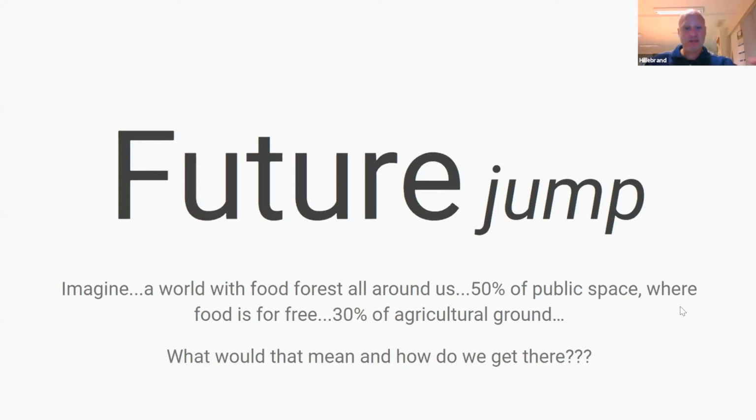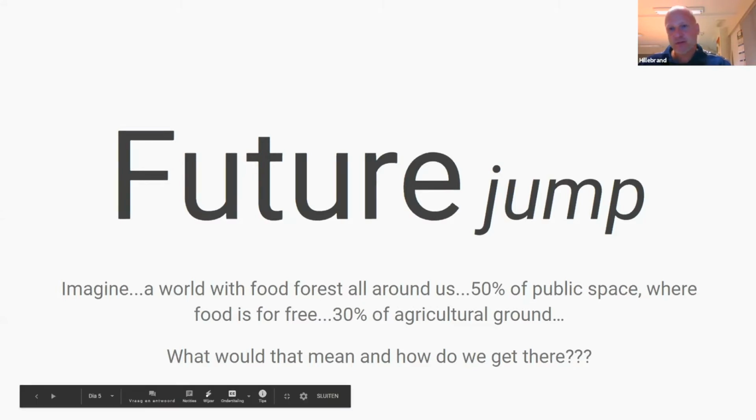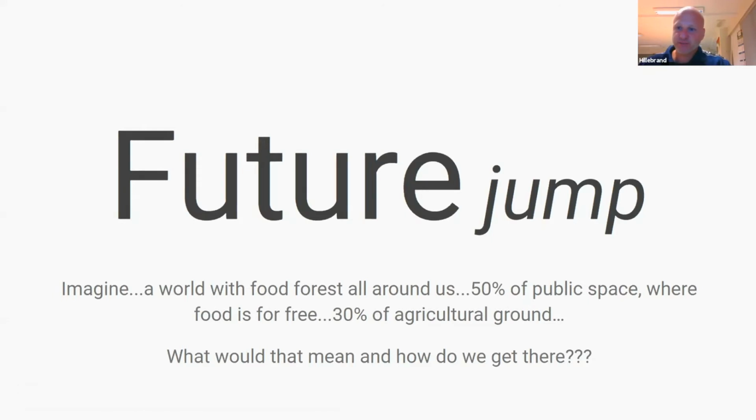So the public space is all food forestry, it's all for free. We all harvest and maintain it together. We've seen those examples, and we made such an example on the Sluistein complex.